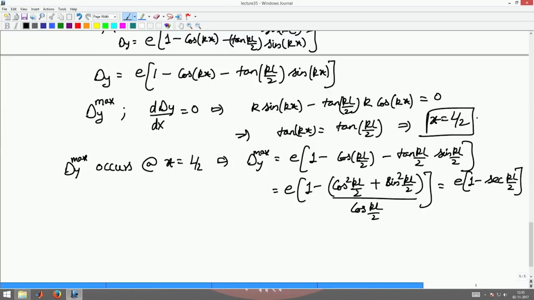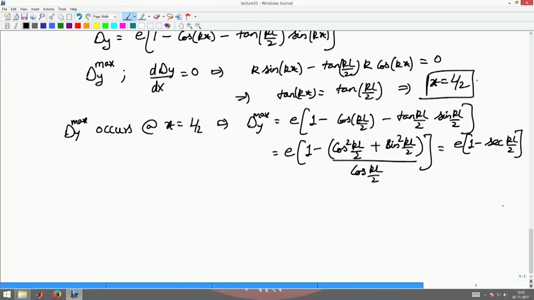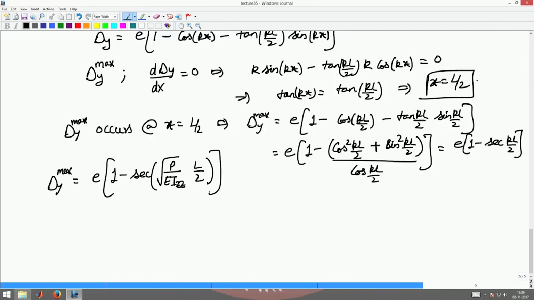Here again I am interested in plotting how this function delta y max varies with respect to P. Now, I have delta y max given by eccentricity times 1 minus secant of square root of P by EIzz into L by 2. You know that secant is a function which varies from 1 to infinity.